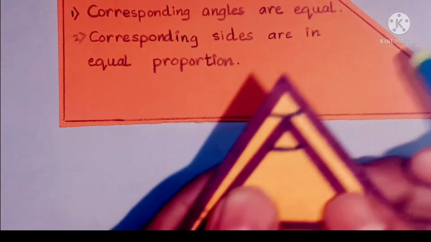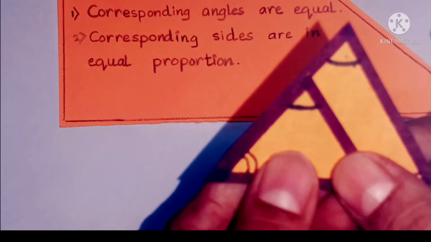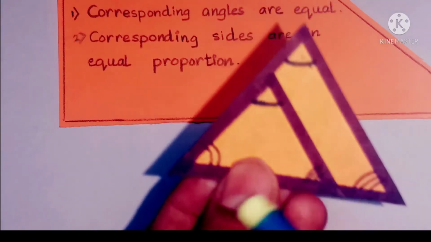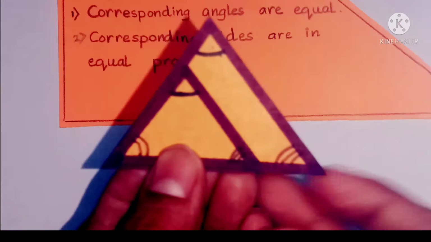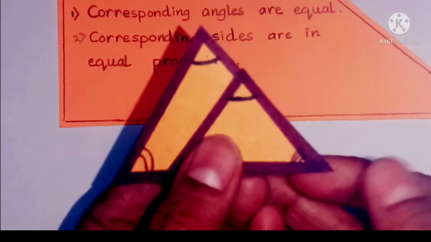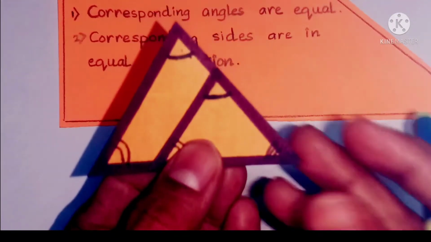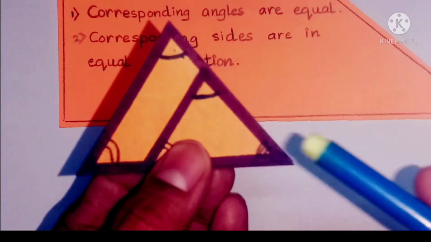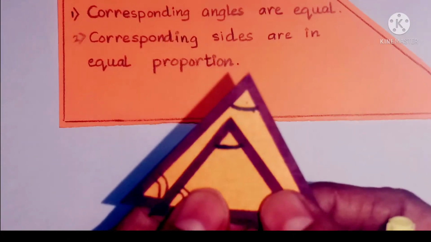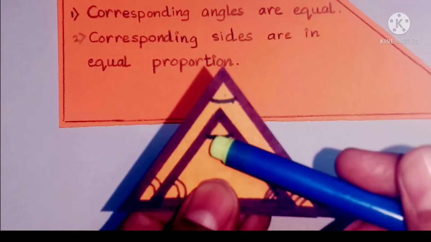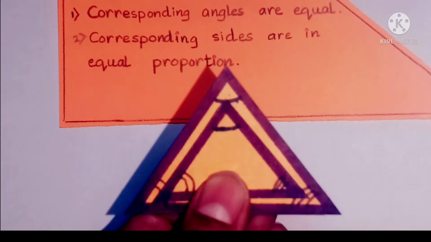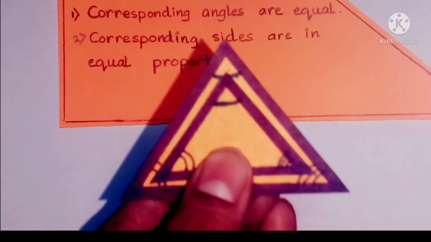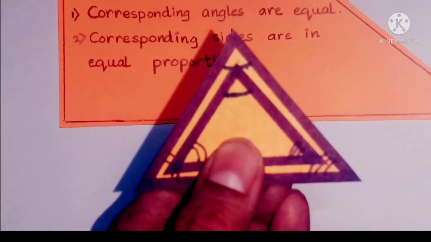Let me check this side. These two angles are also equal, and let me see these two now. When I place one over the other, we can see that these two angles are also equal. So this angle is equal to this one, and this angle is equal to this one. We call these corresponding angles are equal.